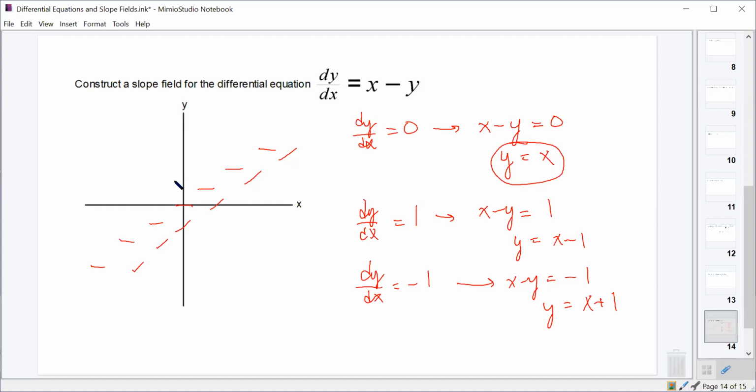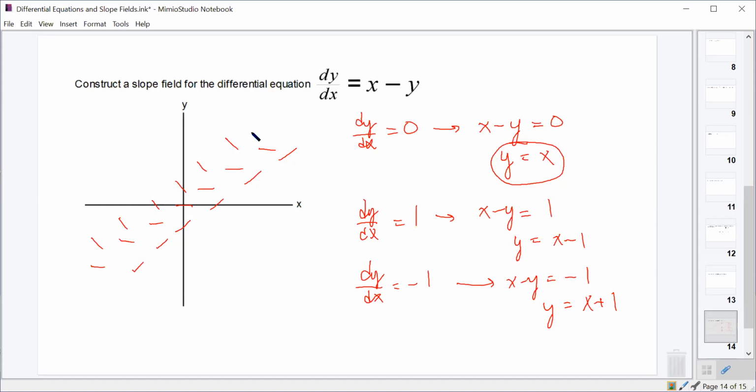Perfect. And so all of these have a slope of -1 along the line y equals x plus 1. Okay. And so we'll just continue in that same manner, picking different values for dy dx, finding the linear equation along which to put lines of that slope.